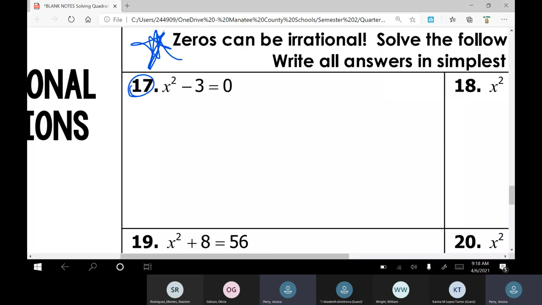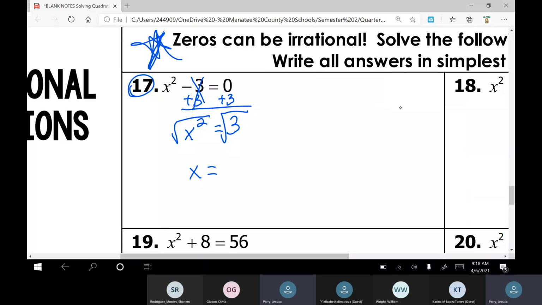Again, just like normal, we want to isolate that x squared. So I add 3 to both sides. So those cancel out. Bring down my x squared equals 0 plus 3 is 3. Now that it's isolated, I take the square root on both sides. So I've got x equals.